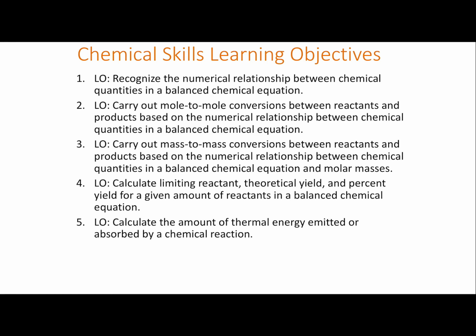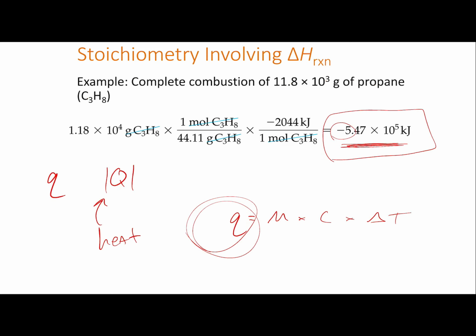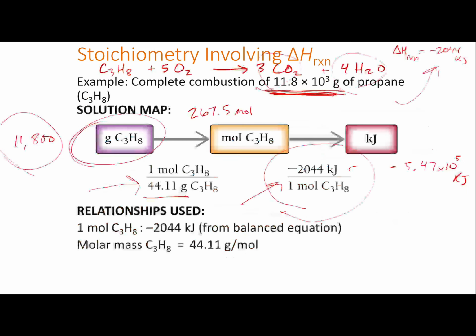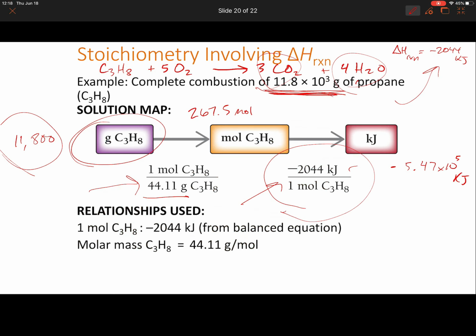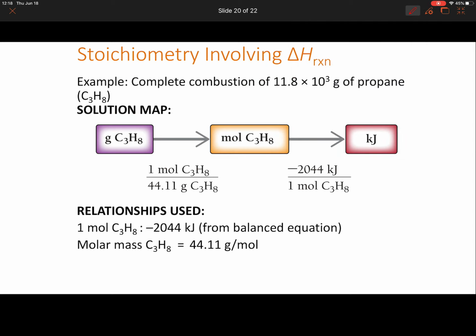Just to give you another idea of that while we're talking about it, I could also ask you, I could say, there was 5,900 kilojoules released. How much propane must have been burned?